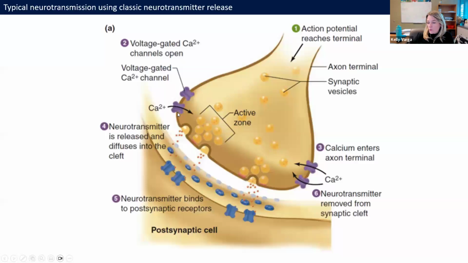So here, we're relying again on something to signal that we're going to do this action. In this case, calcium coming in signals my little vesicles to release their neurotransmitter.